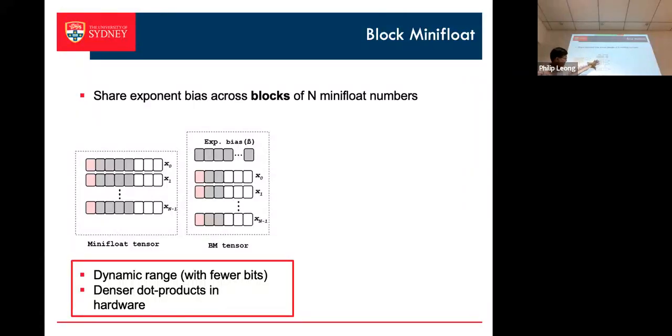So you have a tensor of these Minifloats, and amongst a large number of these, you have a shared bias. That means you can shift the range of these Minifloats to the right place, and the range is dynamic.